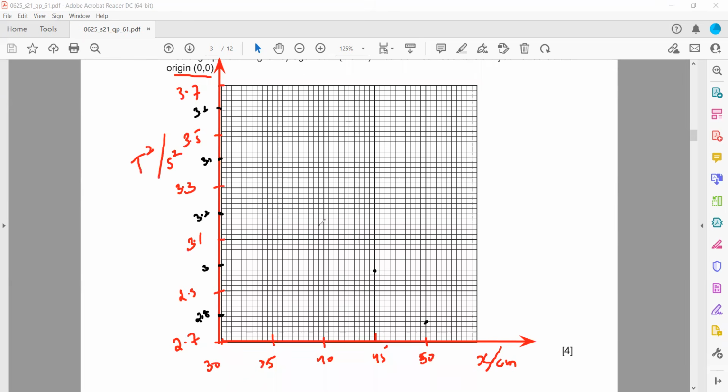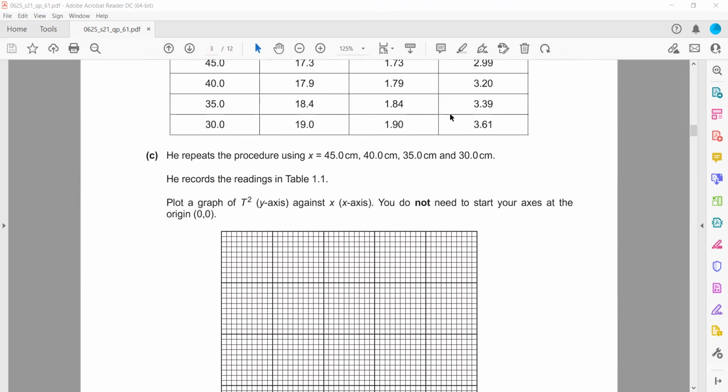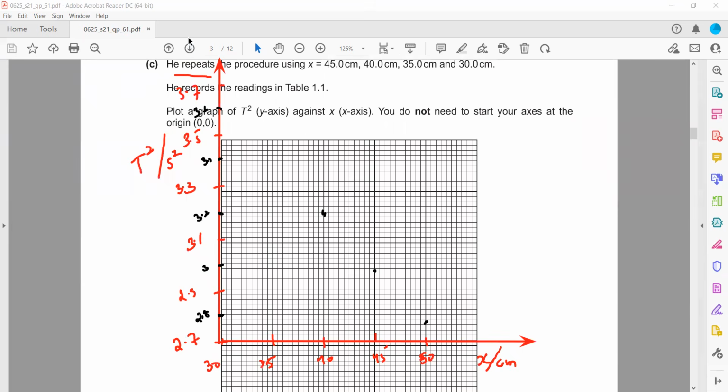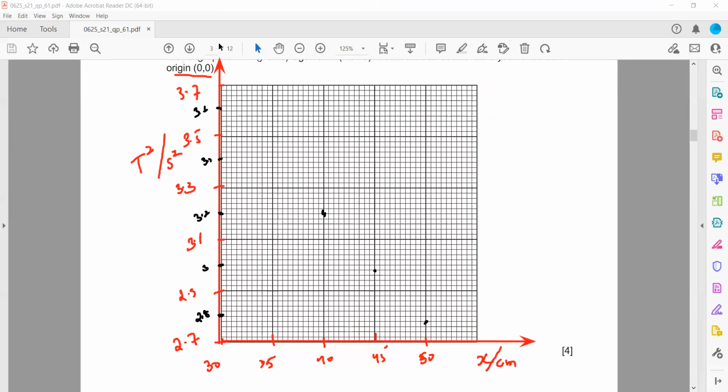So at 40, it is around 3.2. Then at 35, it is 3.39. So 3.39, or around 3.4, is there for 35. And then 3.6 is there, 3.61.